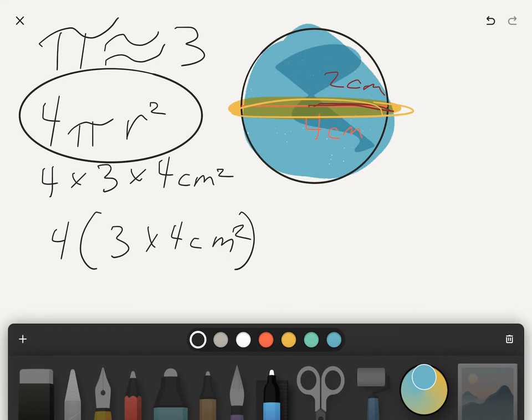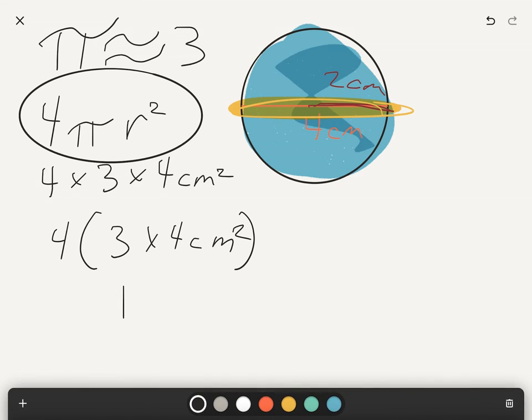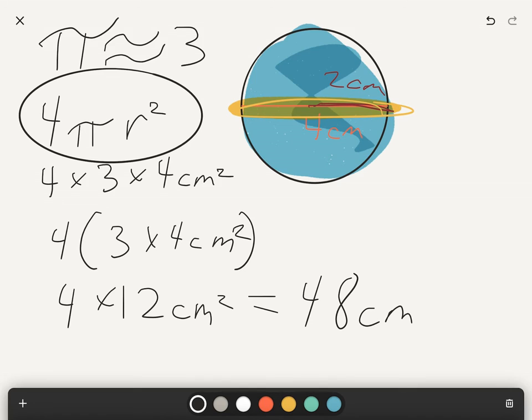I think imagining the 2-dimensional circle in the center of the sphere, and that you multiply the surface area of that by 4, is how you get the surface area. I think that's a good way to look at it, but it's not necessary. You can just remember the formula. So just to finish this up, in our example, our sphere has a surface area of 48 square centimeters.